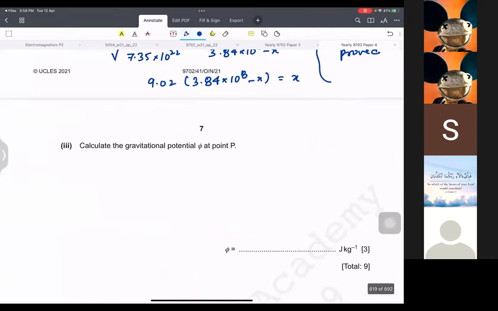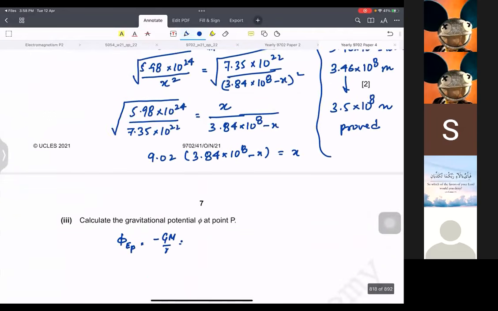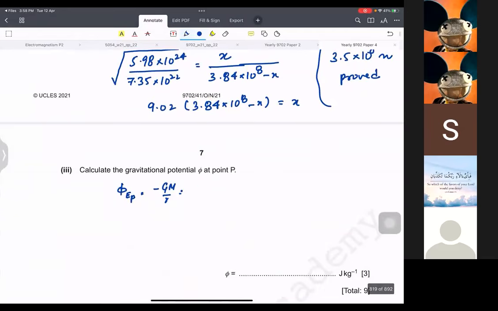So what you're going to do? The potential of Earth at P would be minus GM upon R. Now because we have R, right? So this will be minus 6.67 times 10 raised to minus 11. The mass of Earth was 5.98 times 10 raised to 24. And you will divide by the distance, which is 3.5 times 10 raised to 8.